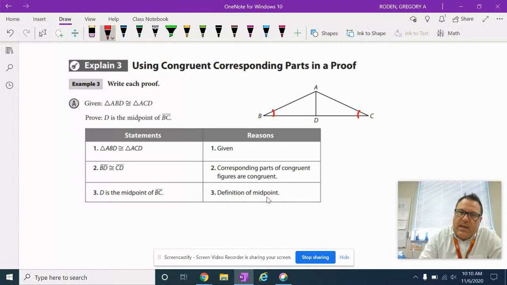Angle BAD, this angle right here, corresponds with CAD, this here, so I'm going to put 2 arcs. And angle BDA is congruent to angle CDA, so I'm going to put 3 here.